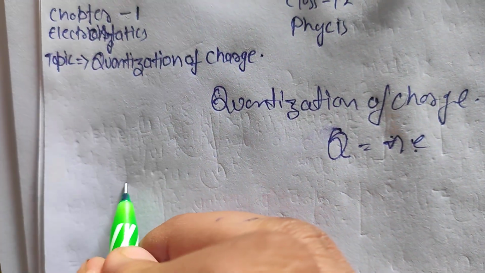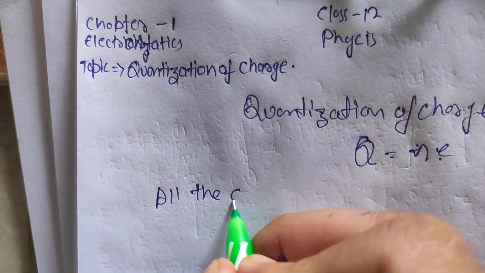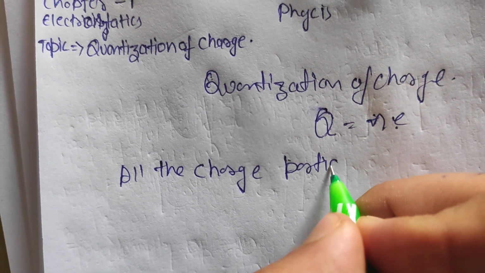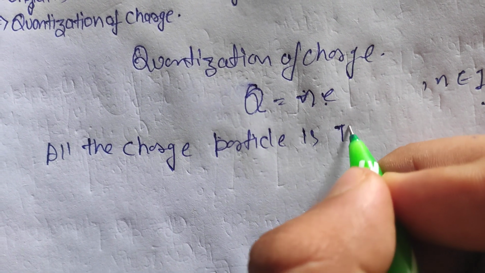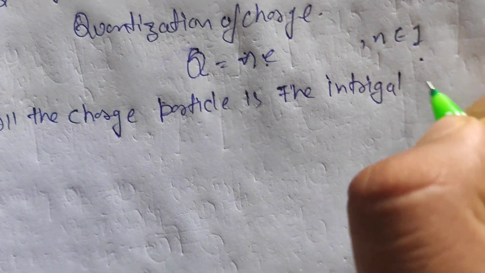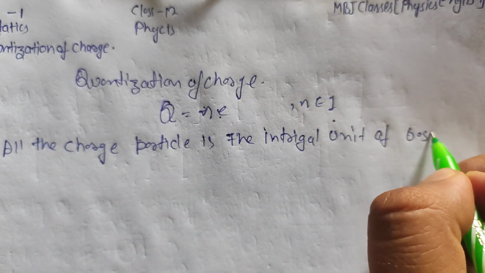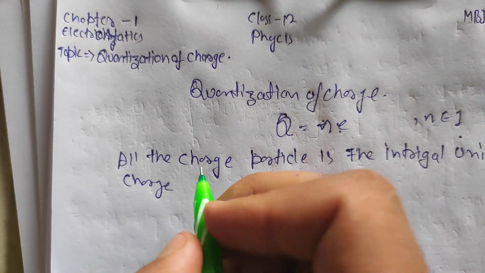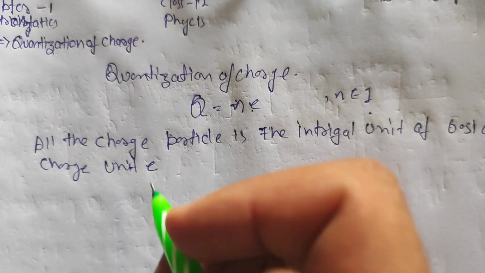So all charged particles carry an integral multiple of this basic charge unit e. Okay, basic charge unit e.